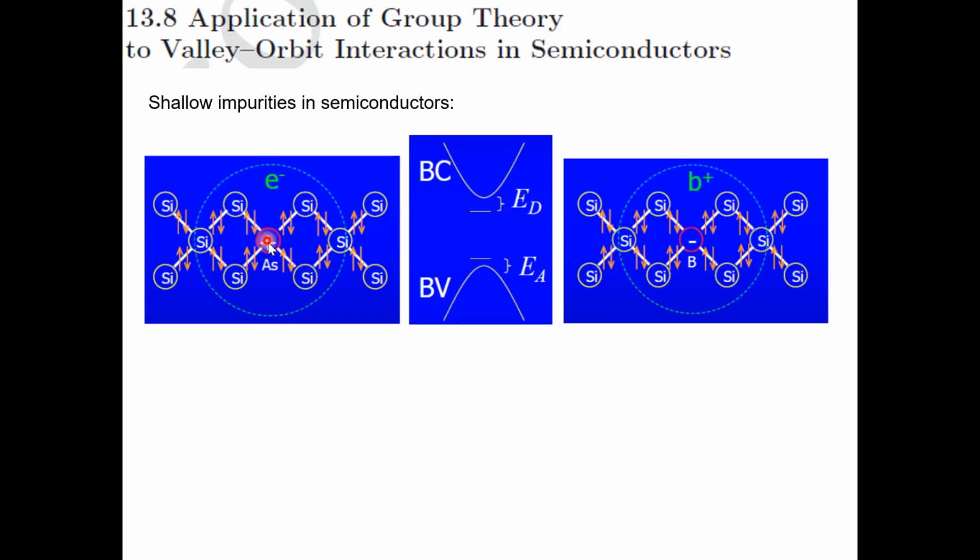What's important here is that each silicon atom makes 4 bonds with 4 nearest neighbors. Okay, in a 3D arrangement, this would be a tetrahedral coordination. But here I made a cartoon in a 2D sketch. So each silicon atom has 4 valence electrons, so it can make 4 different bonds with the neighboring silicon atoms.